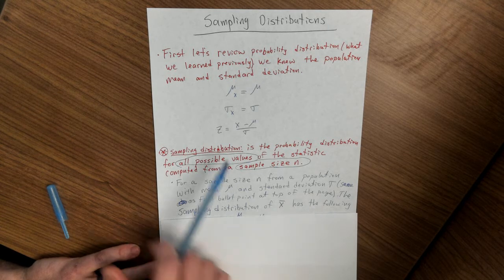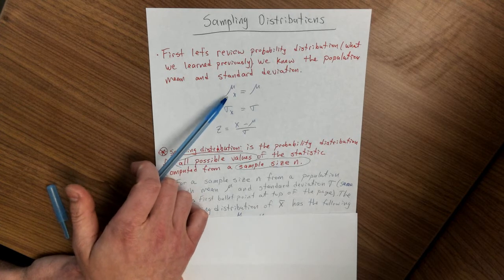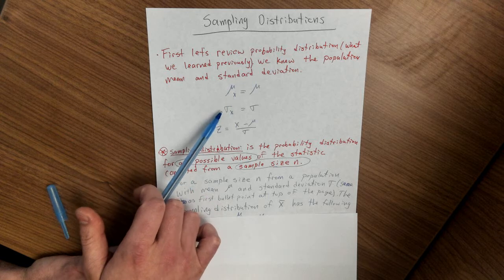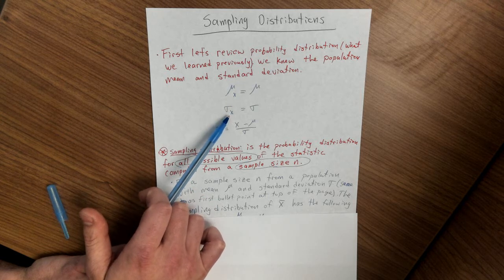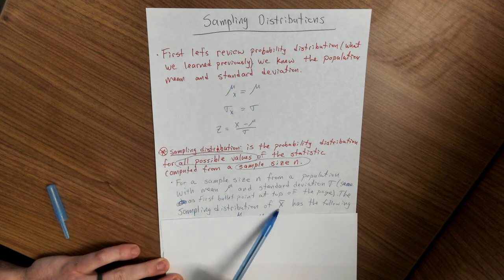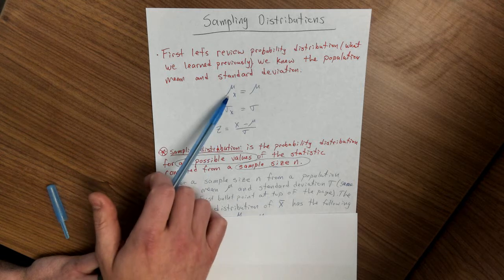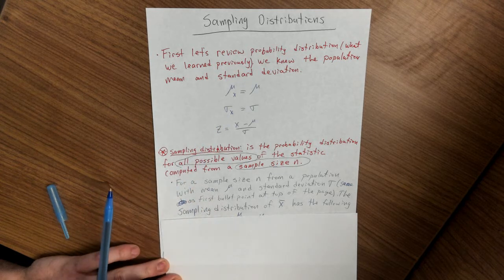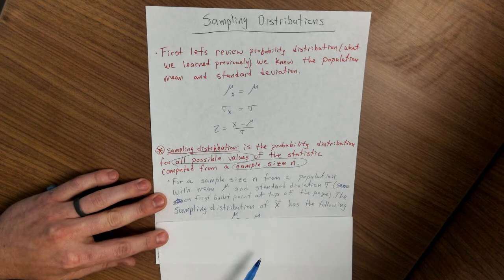So now, instead of having mu sub x, meaning this is the population, now we have mu sub x bar and sigma sub x bar. That identifies that we're dealing with a sample. So if you see x bar down here in the subscript, that means we're dealing with a sampling distribution, and now the formulas are going to change, how we need to calculate our z-scores.